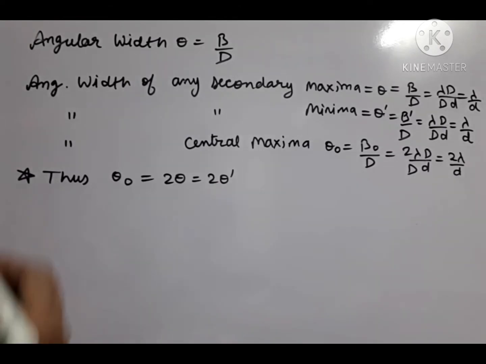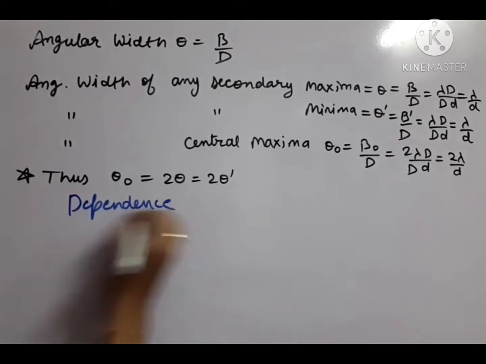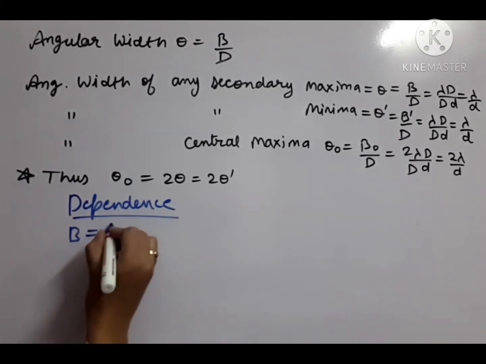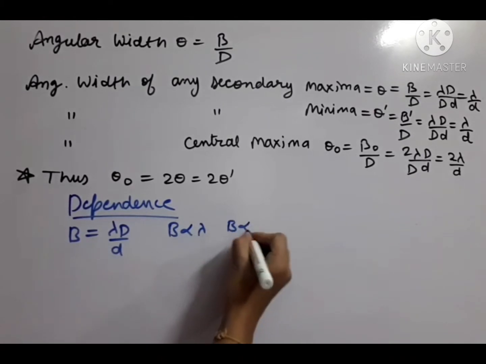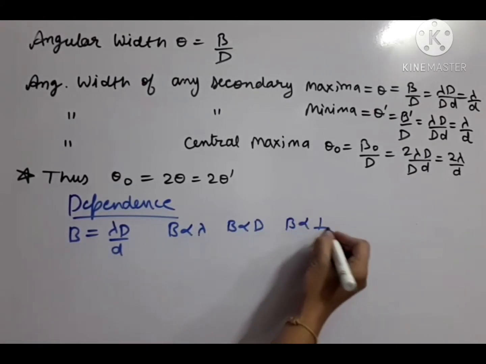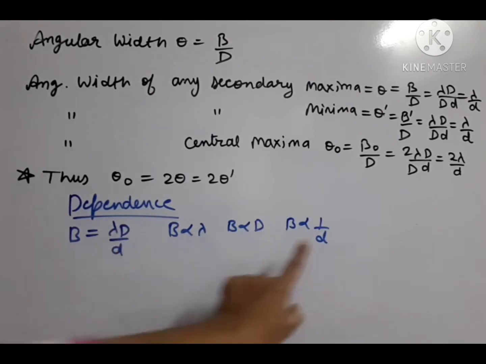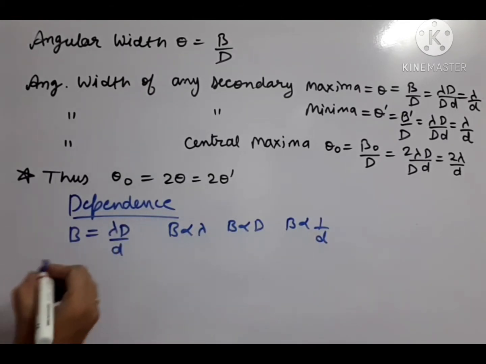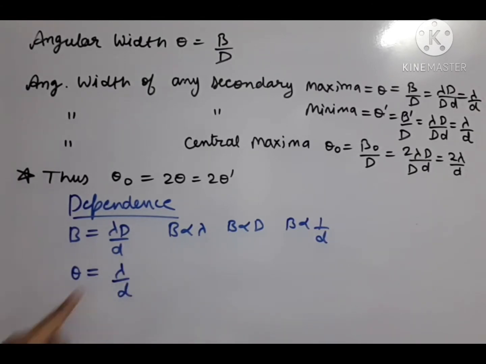And other than that, if we talk about the dependence, so beta formula is lambda D by d. Beta depends upon lambda, beta depends upon capital D, and beta depends upon small d also. Here directly proportional and here inversely proportional. But if we talk about the theta dependence, so theta formulas are lambda by small d.